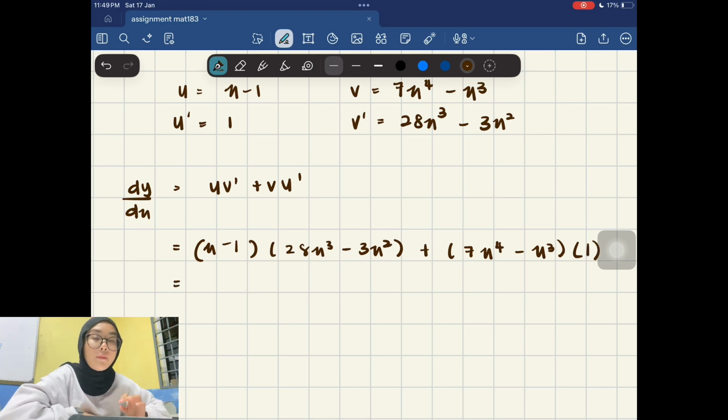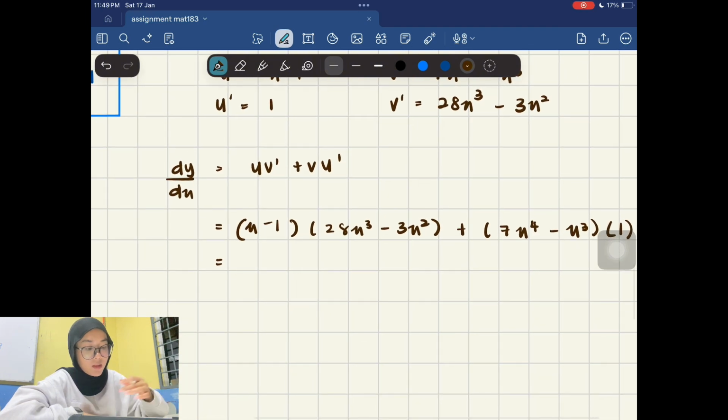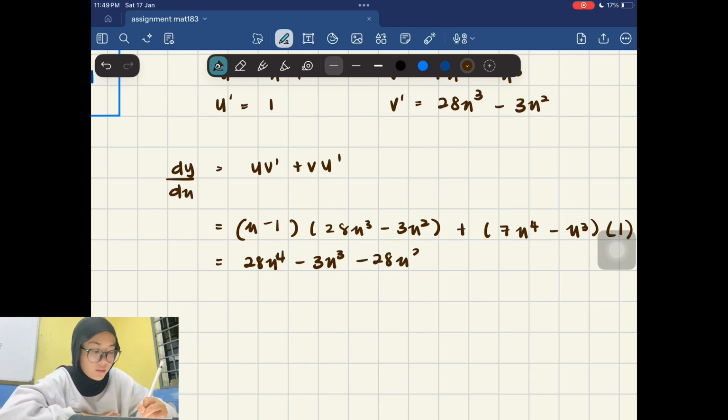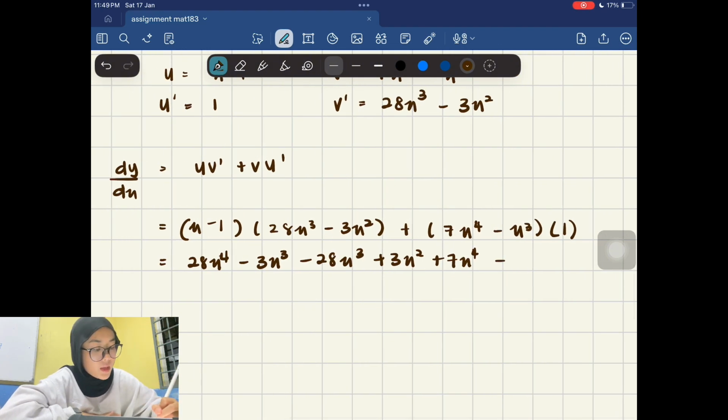Now we have to expand the brackets, and we will get 28x to the power of 4 minus 3x to the power of 3, minus 28x to the power of 3 plus 3x squared, plus 7x to the power of 4 minus x to the power of 3.